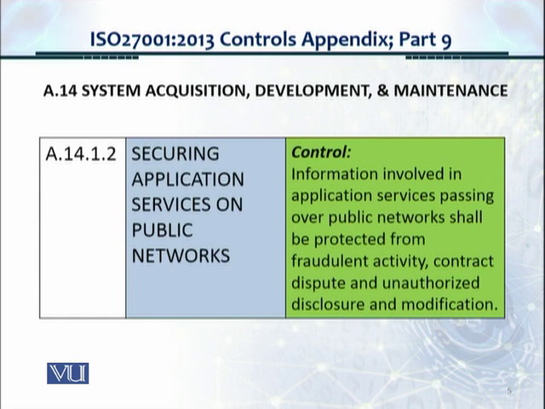Securing application services on public networks, 14.1.2: information involved in application services passing over public networks, mostly insecure networks, shall be protected from fraudulent activity, contract dispute, and unauthorized disclosure and modification. So we are being asked to look at the traffic flow, where it's going to flow through, and to protect our critical sensitive application data through the public networks.